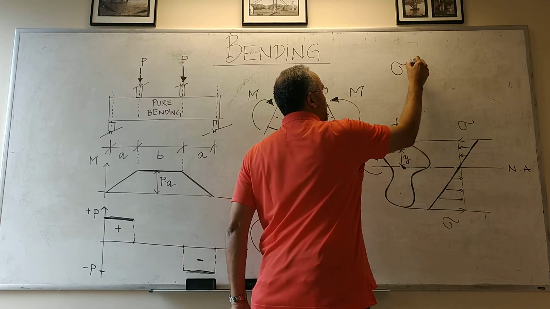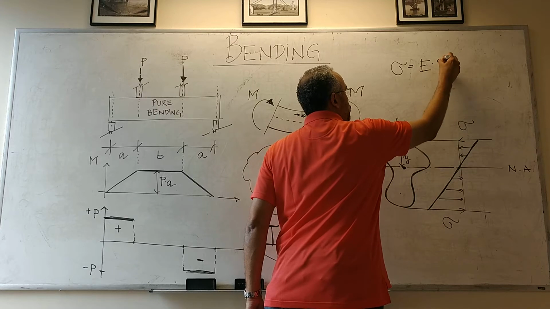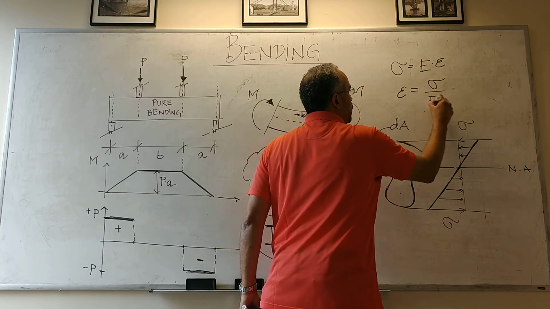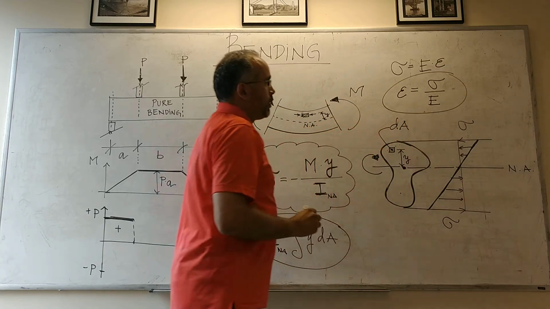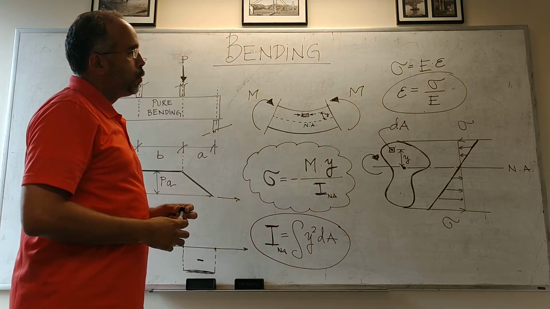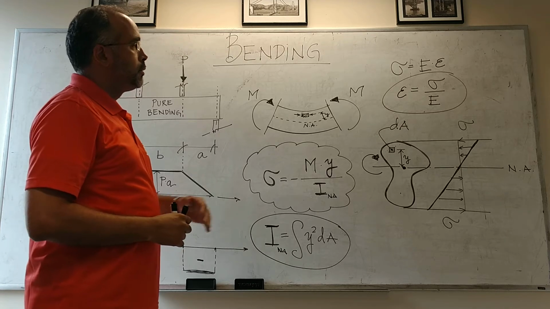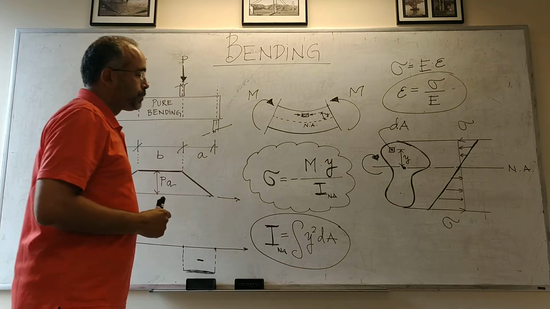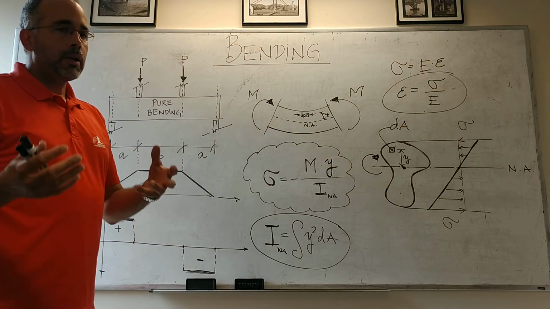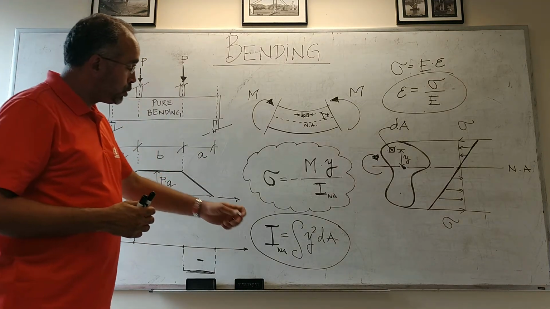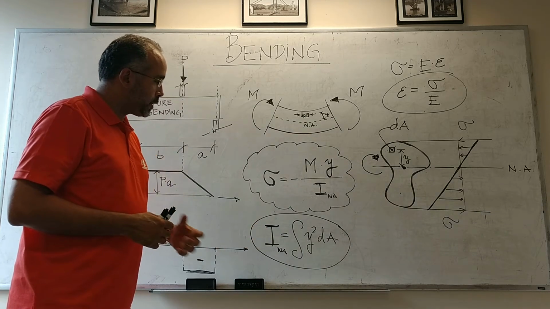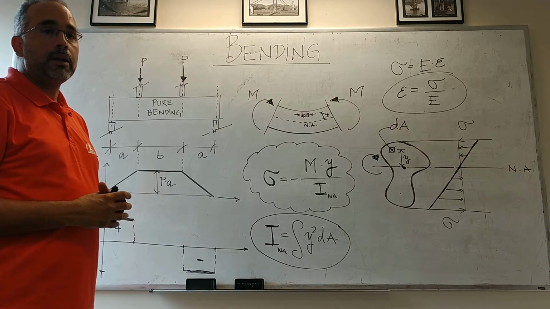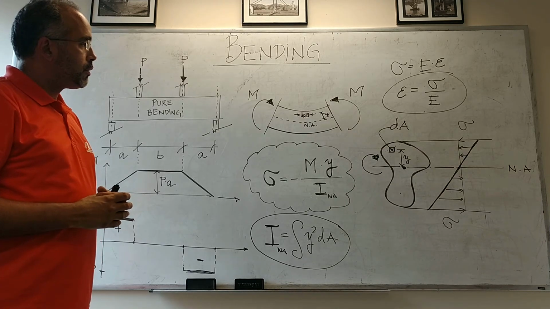Because stress is proportional to strains, then the strains will also vary linearly away from the neutral axis, but they will be the stress divided by the elastic modulus. Okay? What we're going to learn in the future sections is how to calculate this moment of inertia for any section that we want, so long as we have a mathematical description of that cross section.